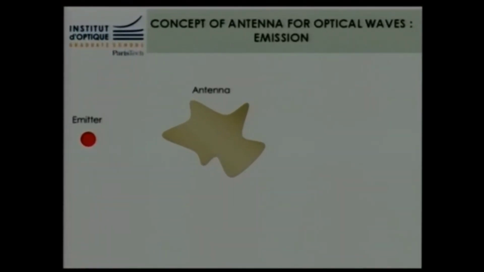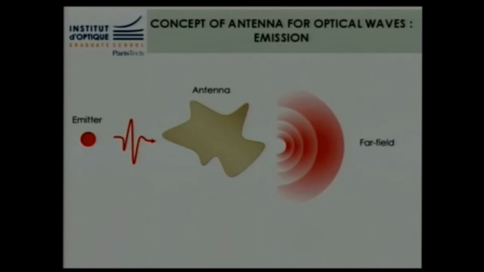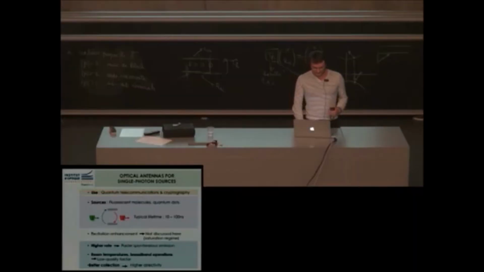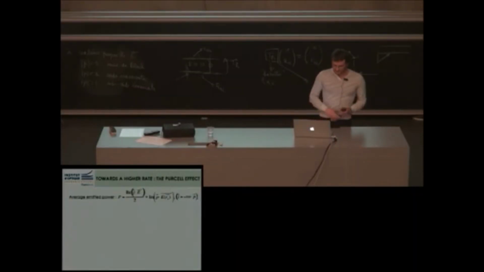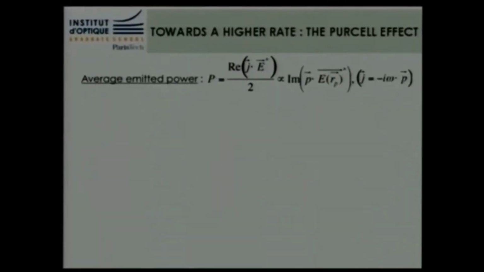So first, the concept of antenna can be applied to optical waves in an emission process. When putting an antenna in the near field of a small emitter, the size, shape, and materials of the antenna can be designed in such a way that it couples efficiently to propagative waves. Let's first address the rate issue.